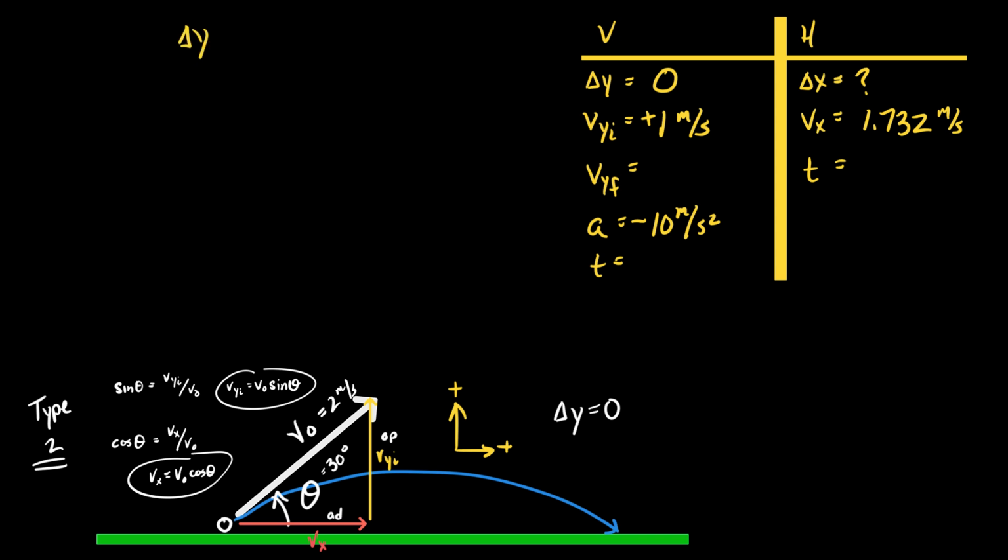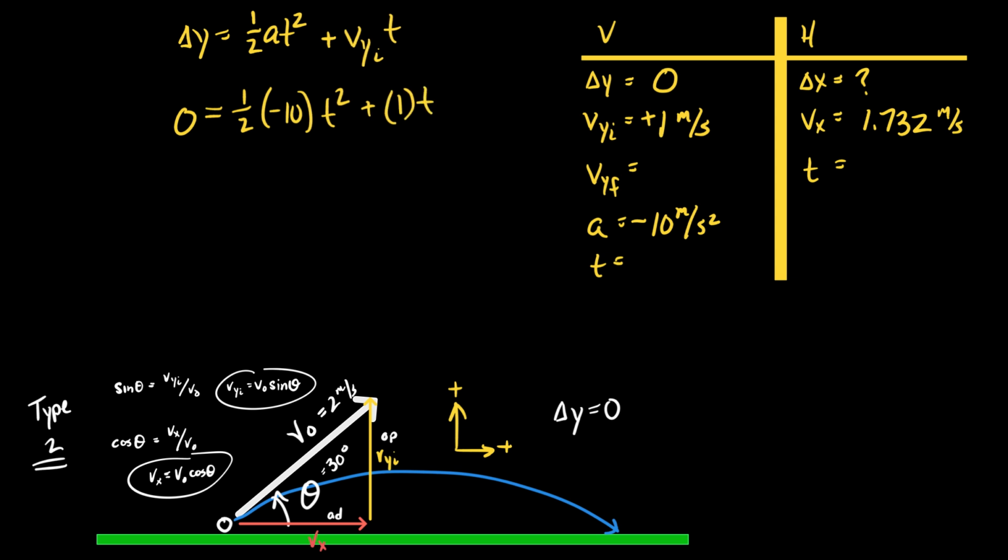So delta y equals 1/2 a t squared plus Vy initial times t. Be careful with this one. I want to show you something, which is why I'm spending so much time on these. There's actually 2 answers for the time. Technically, the way I'm supposed to do this is factor out a t and set both of those equal to 0.